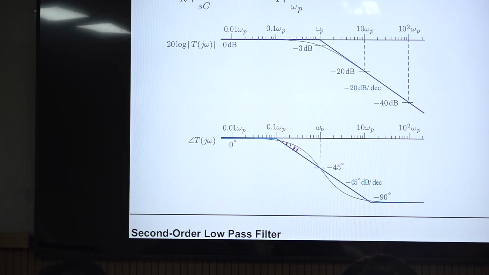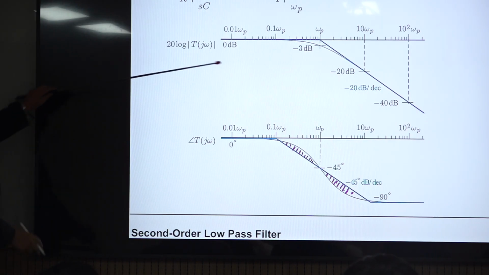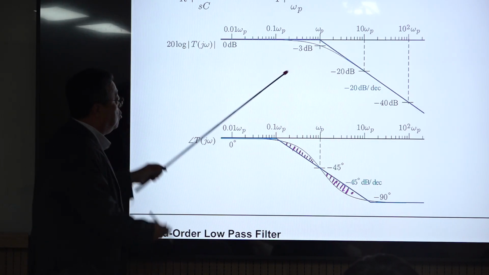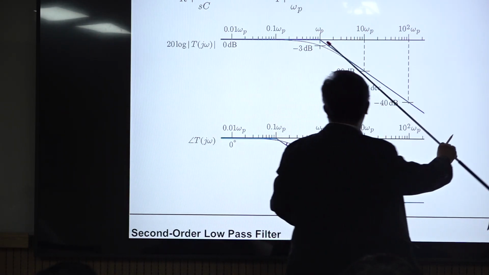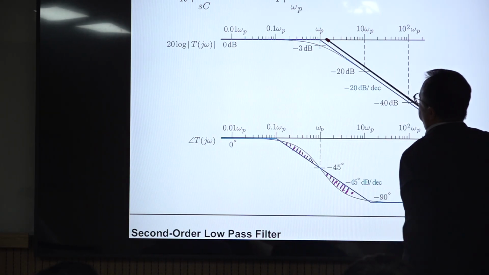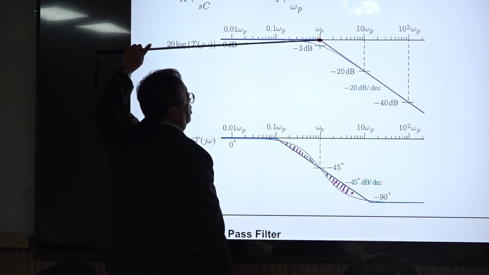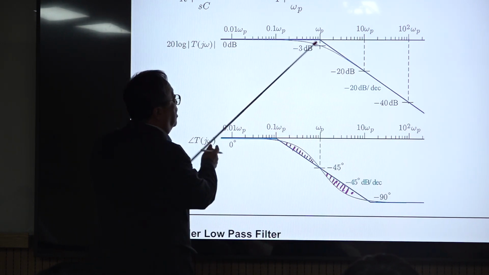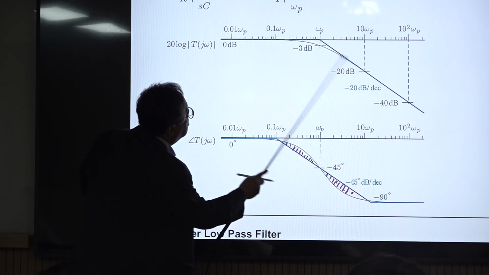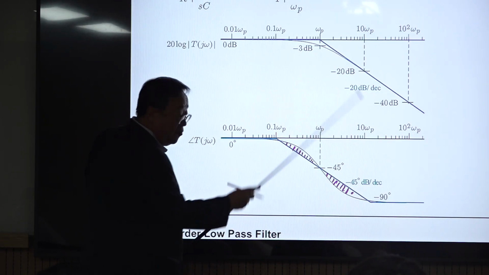This error is very small, negligible, and also we predict it in advance, so this is predictable. Okay, so this is called asymptote, magnitude asymptote, high frequency asymptote, low frequency asymptote. So they meet at this point, and you draw this smooth line, and we need this 3 dB difference.